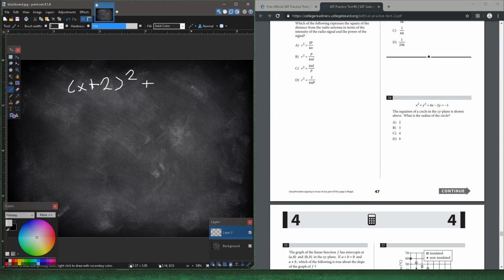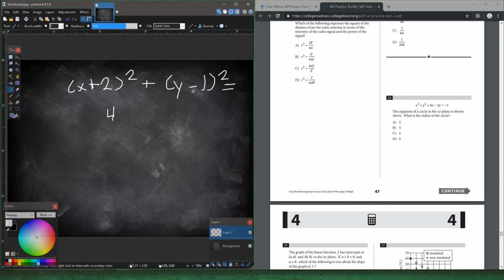And then you add y, so -2 divided by 2 is -1, so y minus 1 squared. You gotta think about what value this is supposed to equal, because that makes x squared plus 4x, and that plus 4. So there's a 4 remaining over.